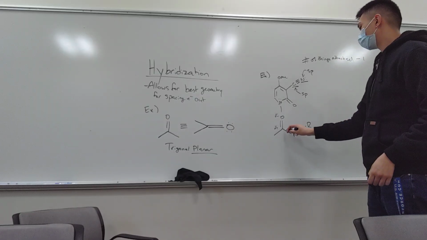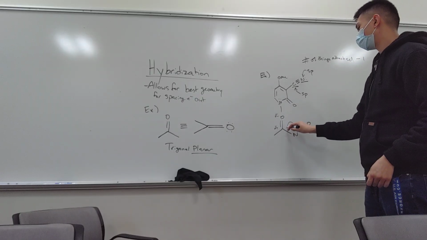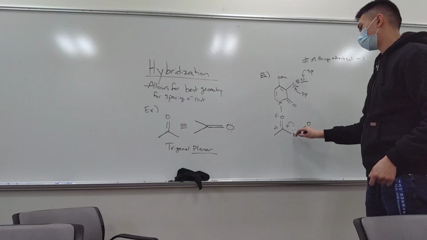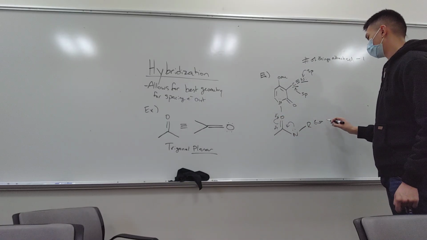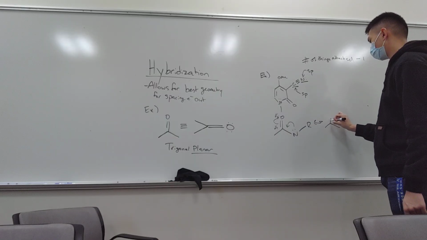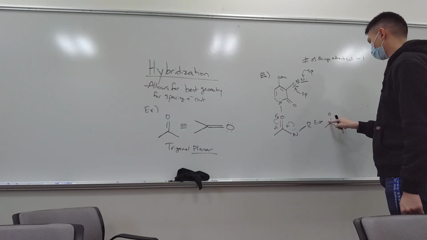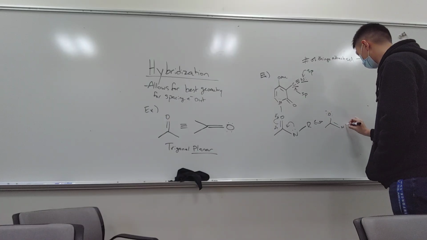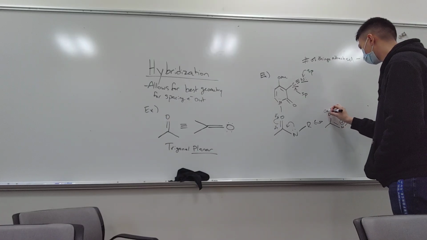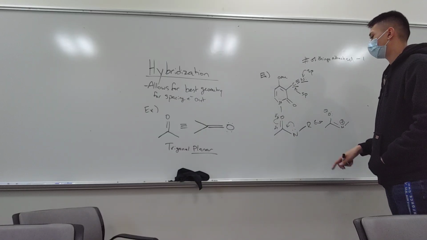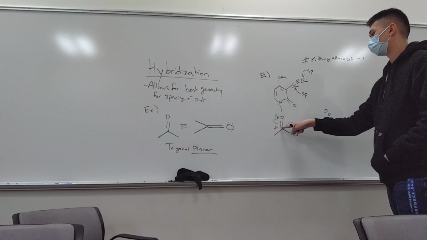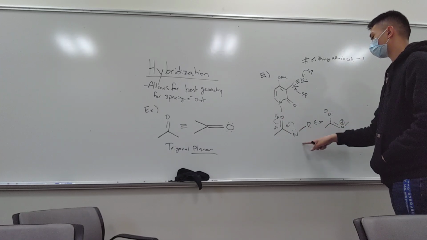This nitrogen wants to donate into this C to N bond to create more stability in that molecule, or that amide. Right there, right? This is just resonance talk. This nitrogen can donate and do more resonance to become more stable.